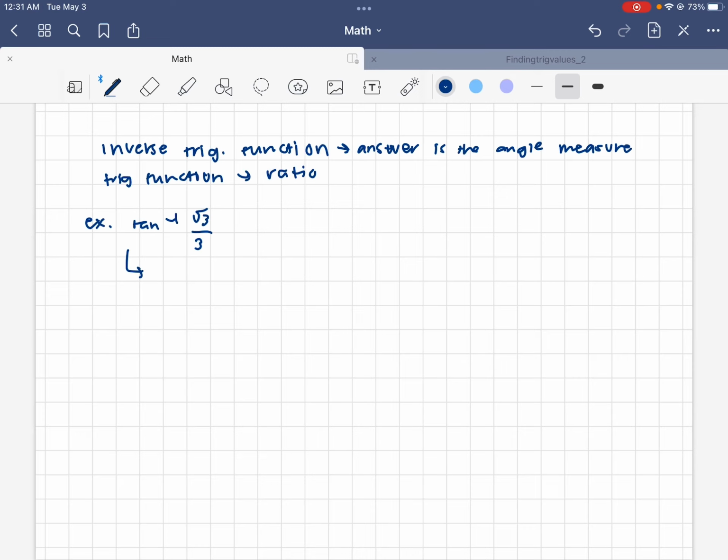It's basically asking us, if I were to rewrite this, it's the same as tan theta equals square root of 3 over 3.